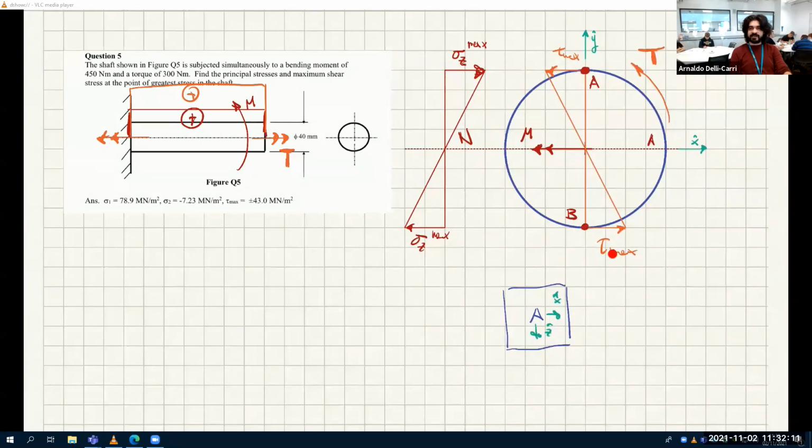Tau xy, tau xz, tau yz? Remember tau xy, what does it mean? The face of normal x, direction y. So which tau is this?